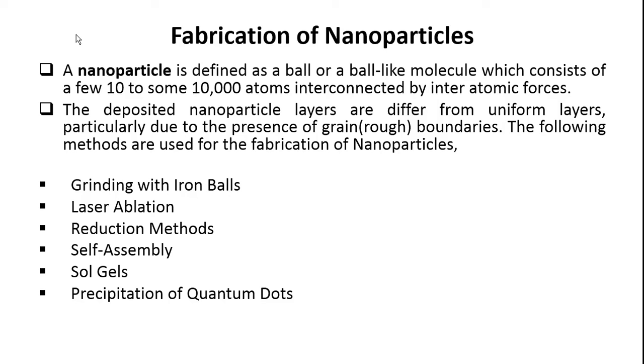Then self-assembly. Self-assembly means the assembly of material particles together by some chemical actions. It is a self-generation, which is why it is called self-assembly, of the material over the surface of the wafer or the material surface. Then the sol gel process. I have already told you that the sol gel process can be used for the preparation of silicon oxide.